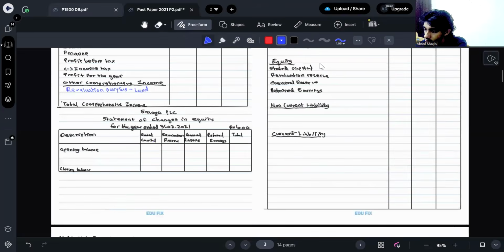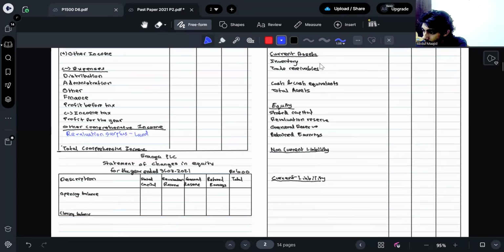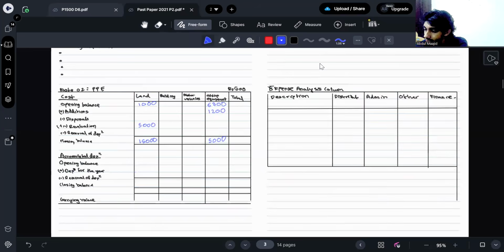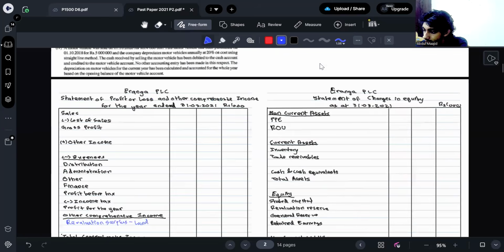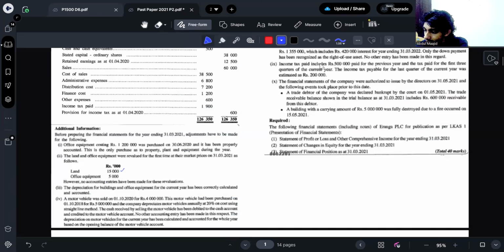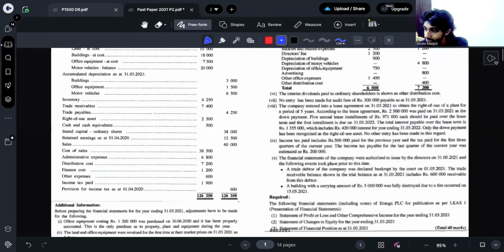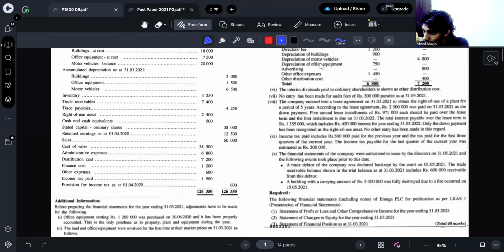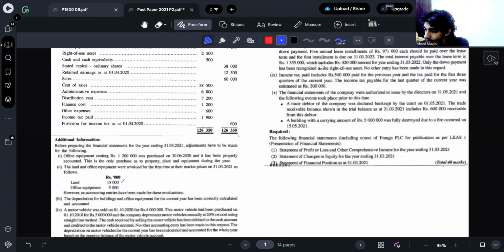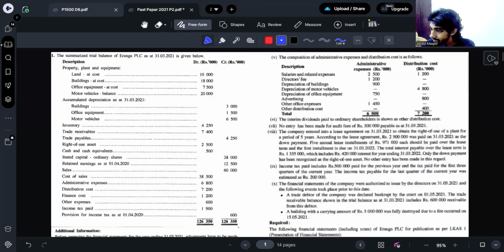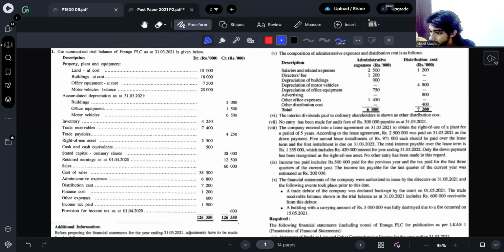So then what we can do, we have to remove the depreciation, right? They are revaluing at the end of the year, and here they are saying at the third adjustment, the depreciation for building and office equipment for the current year has been correctly calculated and accounted. So they have correctly calculated depreciation for the building and office equipment. So this will be the correct closing balances.